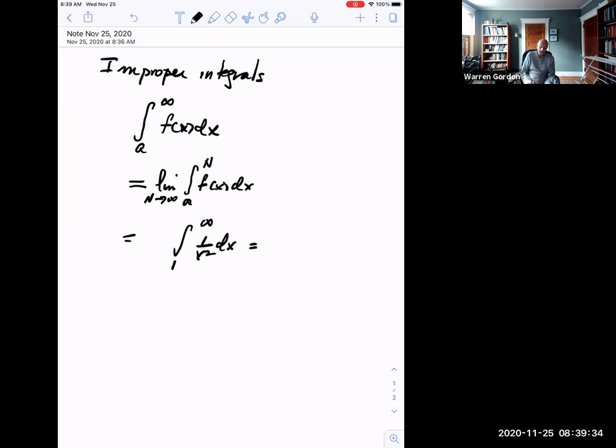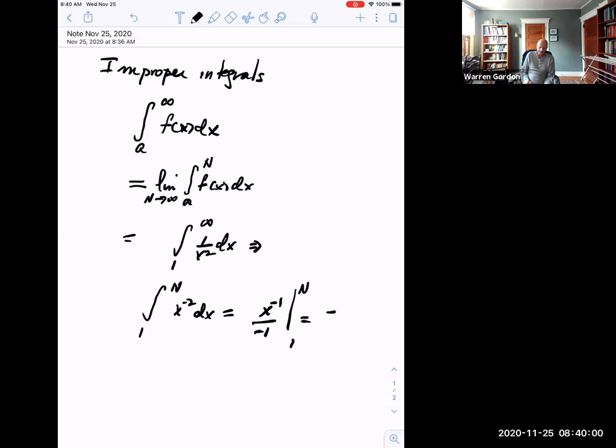Well, so what I'm going to do is, first I'm going to rewrite this as the integral from 1 to n. Instead of x squared, I'll write this as x to the minus 2 dx. And this becomes, if I integrate this, increase the power by 1, divide by the new power, from 1 to n.